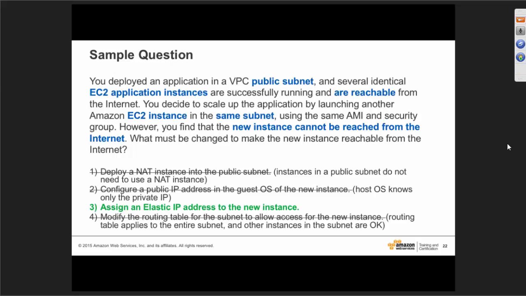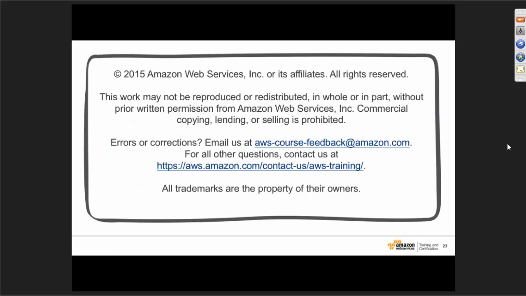Or do you mean the last slide before the sample question? Let's see. Oh, there's not a slide after that. The next section title slide is the copyright slide.